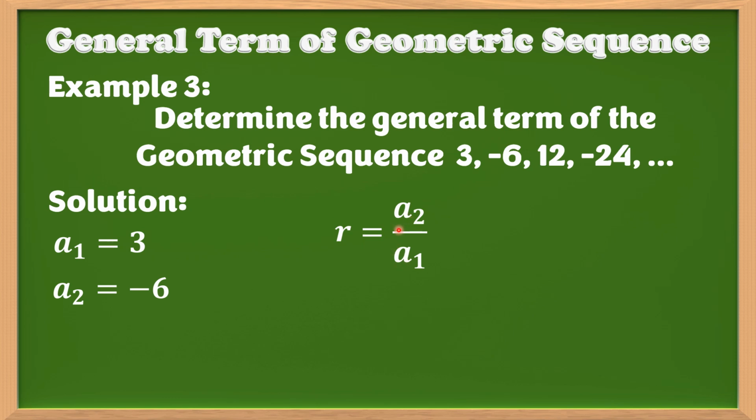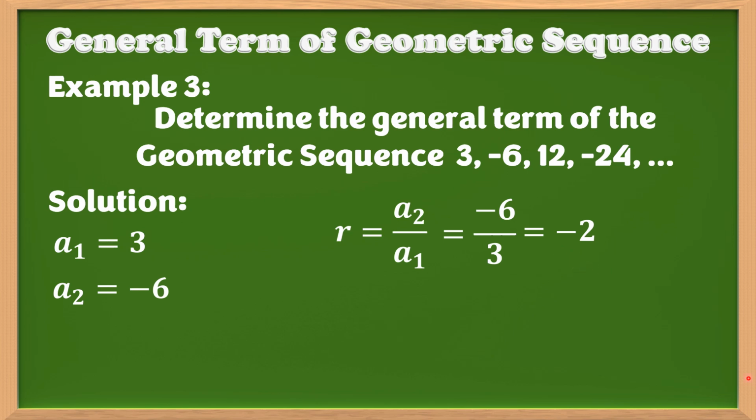We change a sub 2 into negative 6 and a sub 1 into 3. So r equals negative 6 divided by 3, which is equal to negative 2. The common ratio of the given geometric sequence in example number 3 is negative 2.